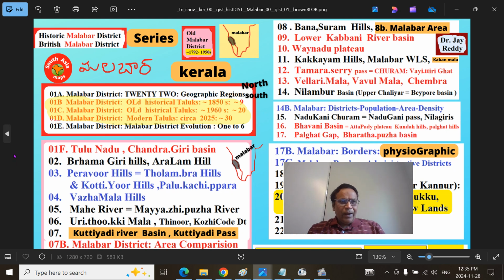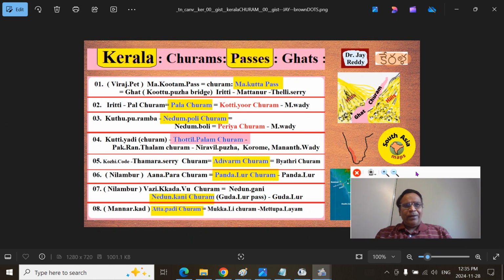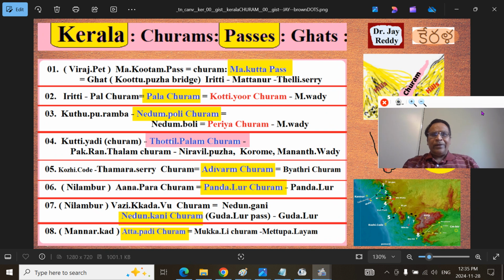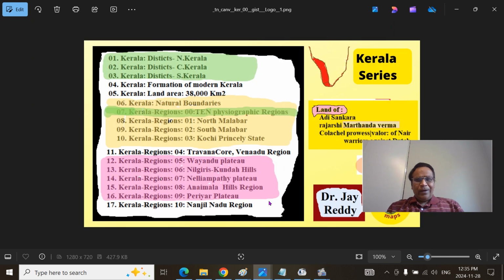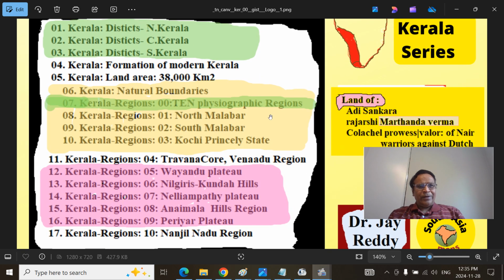Similar presentations go hand in hand: Kerala Churams or passes, that is the gorges, defiles, and so on. You can also look at them, and also the bigger picture of the Kerala series I have presented elsewhere.